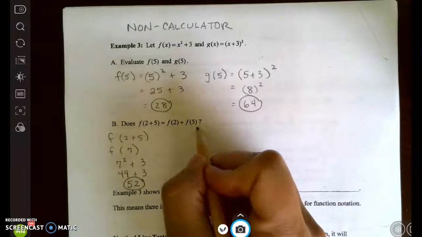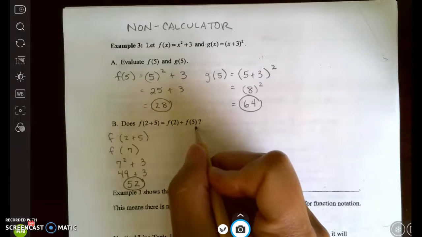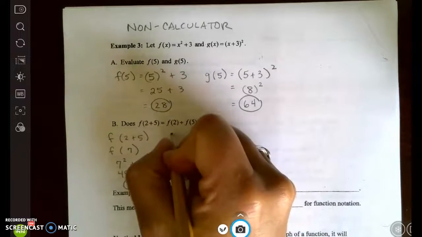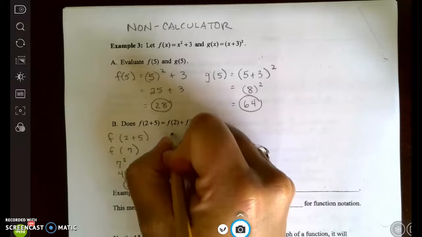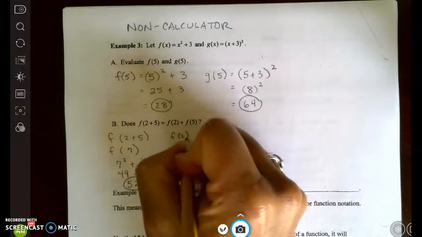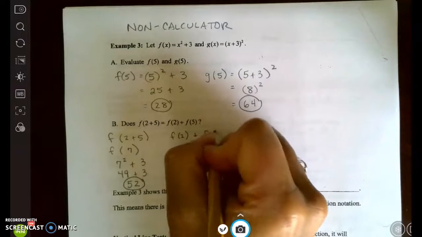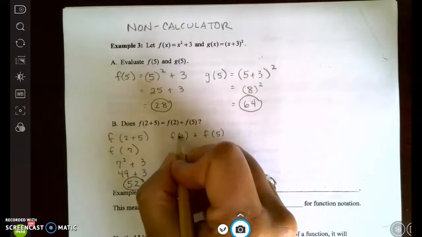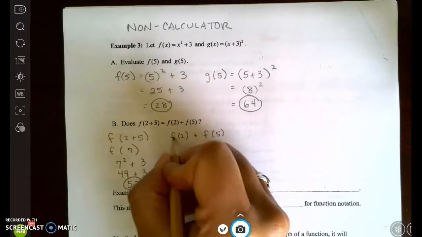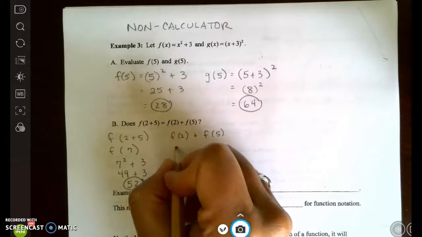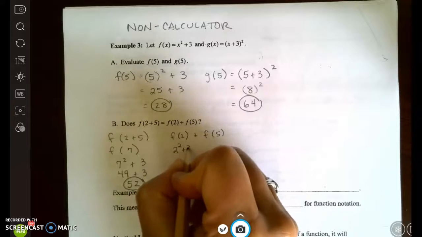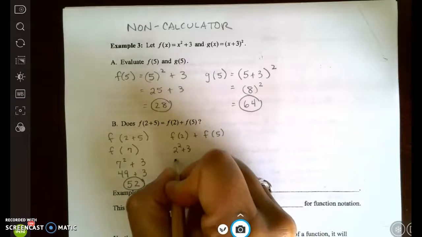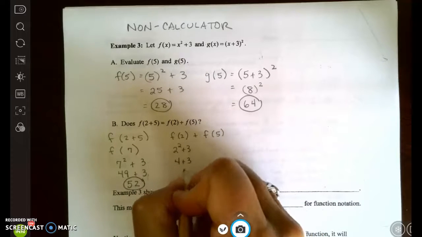Then I'm going to come over here to the right side and see if I get the same thing. So this time I'm going to be doing them separately. I'm going to do f at 2, and then I'm going to add to that f at 5. F at 2 means put 2 into the f function, so I'm going to say 2 squared plus 3, which would give me 4 plus 3, or 7.